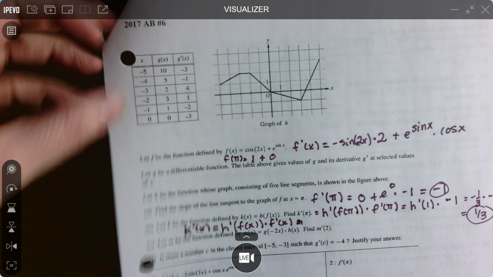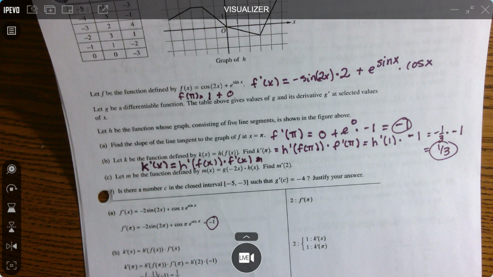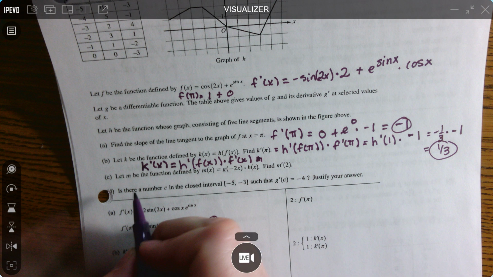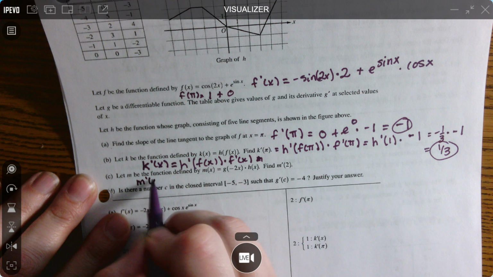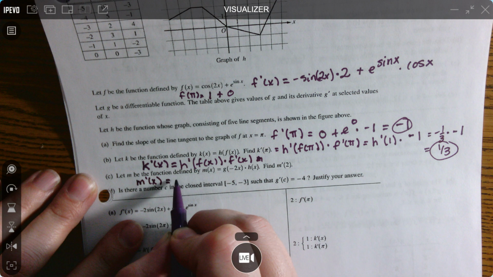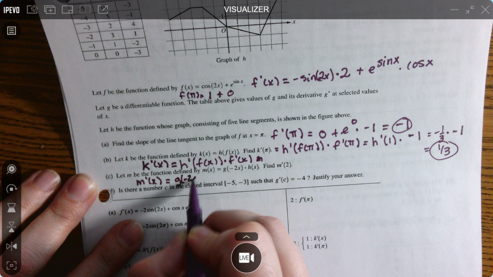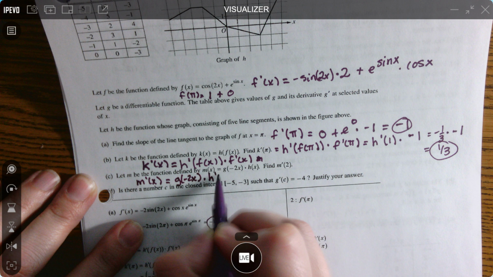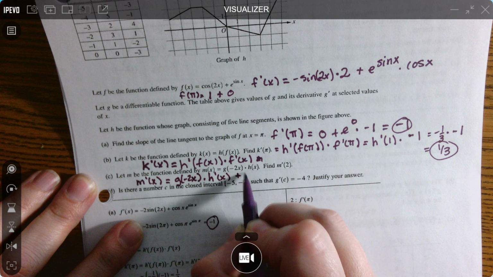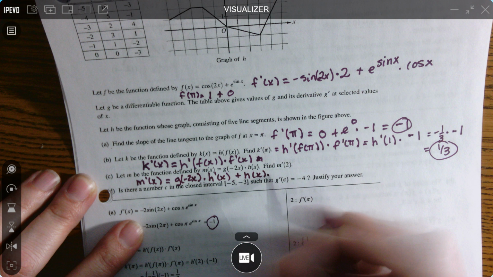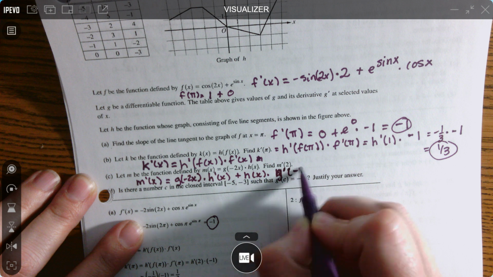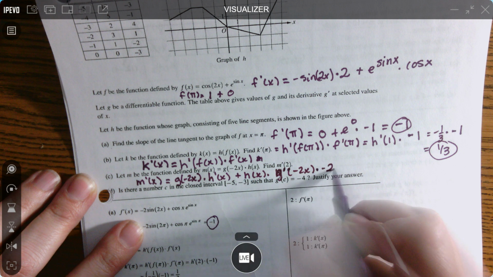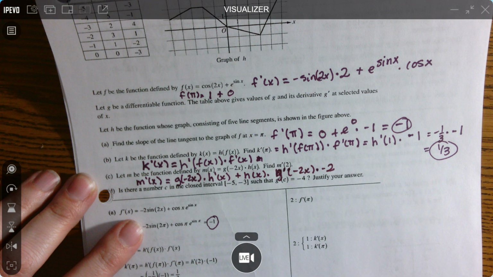Letter C is kind of a chain rule and product rule at the same time. So let's find m prime of x. We would go first times the derivative of the second, plus second times the derivative of the first, g prime of -2x. And then don't forget, chain rule means we multiply by that -2.